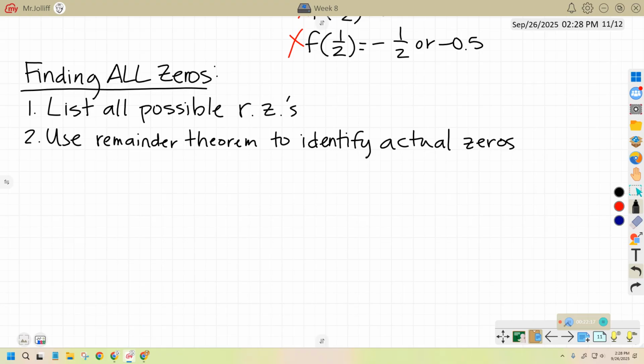Once we know our list, plug them into the equation. Next step is I am going to use synthetic division to remove the zeros I found in step 2.